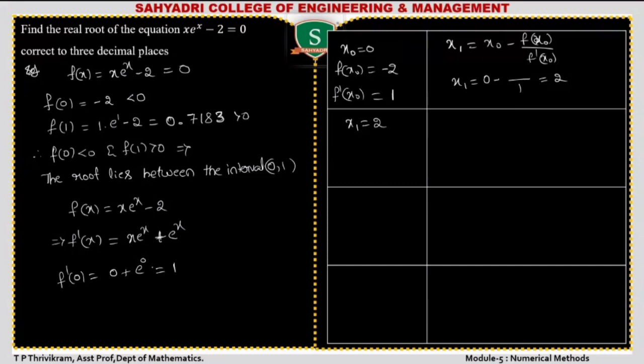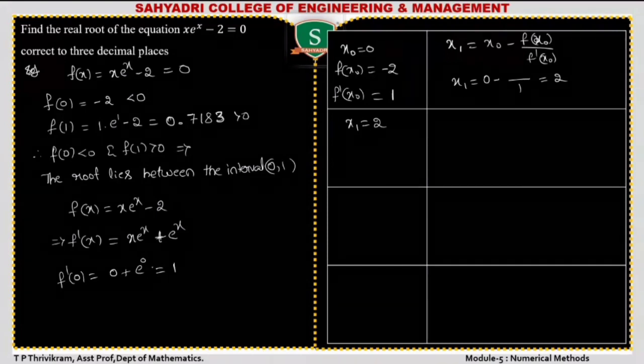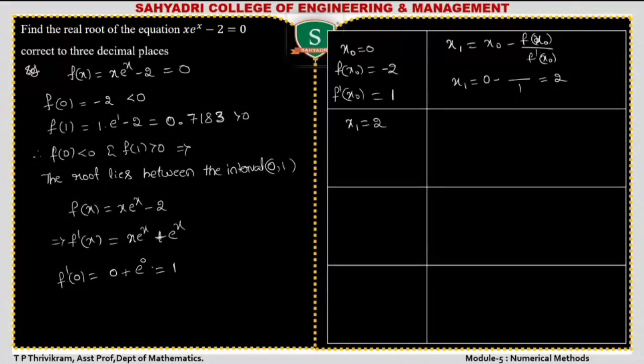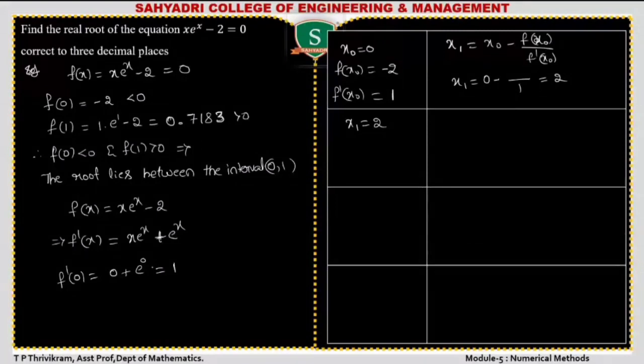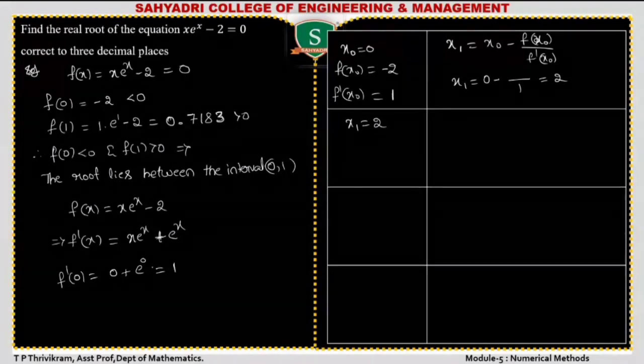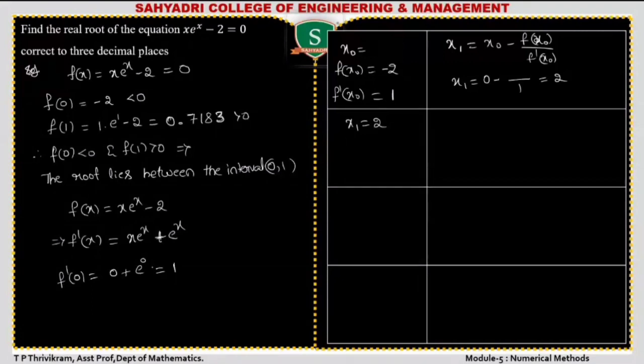So instead of taking x naught as 0, because every time we'll get a large number of iterations, for that sake you can take this also. See how much we got here. If you put x naught equal to 0, the next x value has a huge difference. So for that sake, I will change x naught to 1 first, and we'll check how much we get.